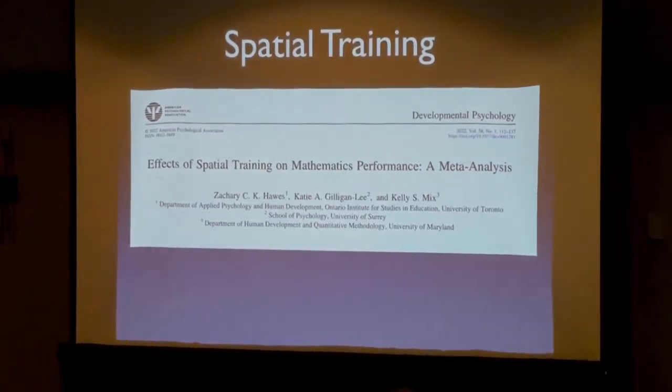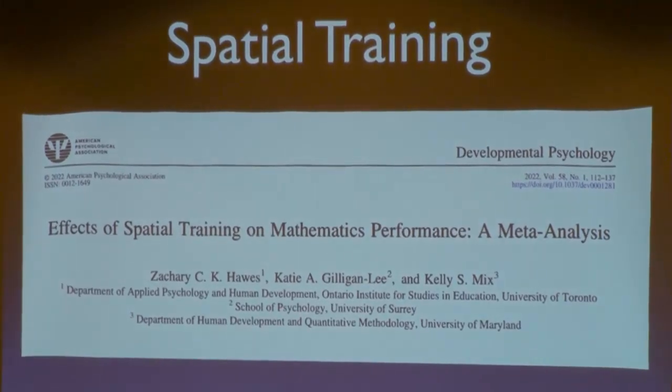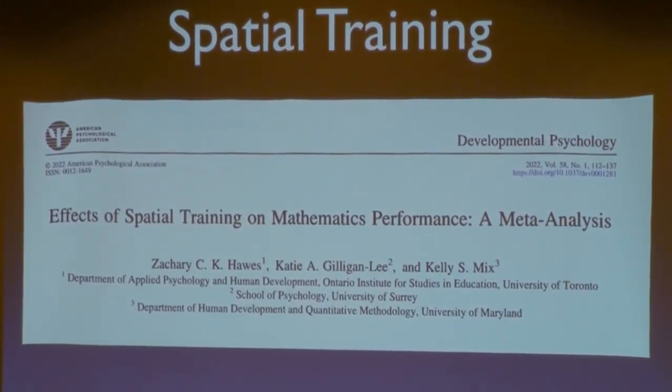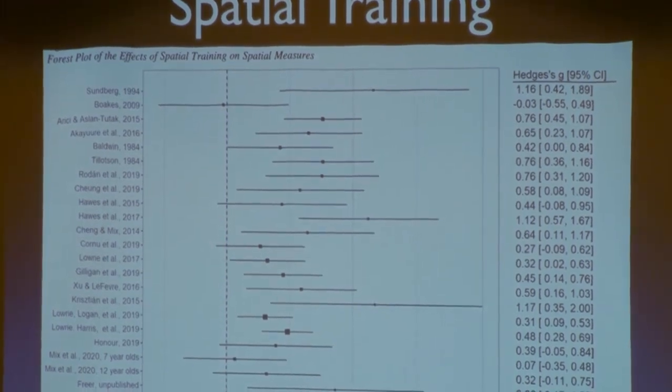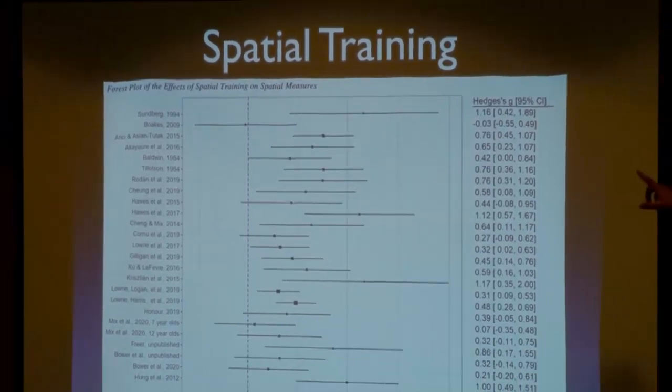And Zach, following his PhD, addressed this question in a meta-analysis. So that's where you take all the available studies, lots of people have tried spatial training. Some have reported good evidence, some have not. You need to take them all together and look at, on average, what does it look like? And the way it looks is here. Again, very busy graph. Don't worry too much about the detail, but if I could just convince you to look at the dotted line, that's 0.